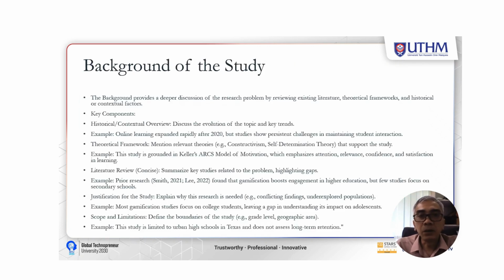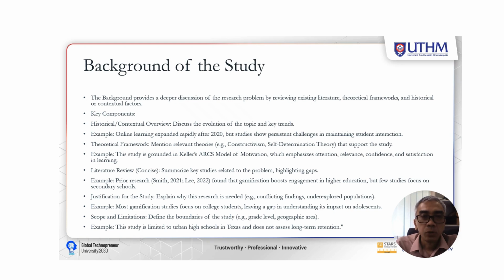Moving into the background of the study, here you go deeper into the research problem. The background is not just a description. It includes several key components. You begin with the historical or contextual overview, how the issue has developed over time. Then you introduce the relevant theoretical framework, and this will anchor your study academically.